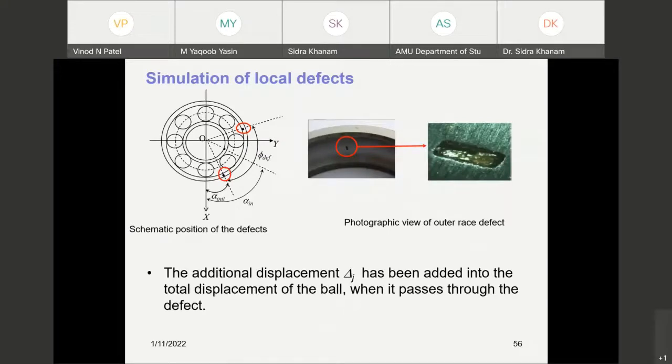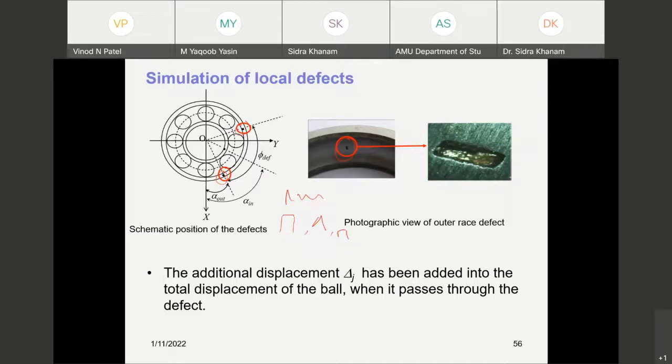Now the simulation of the local defect in the dynamic model. Suppose this kind of defect is available on the bearing. So this particular defect is on the outer race, defect 1, and this is defect 2 on the outer race. When the ball comes into contact with the defect, in the impulse case some impulses were considered, while in the case of Tandon's paper, they have considered a rectangular, triangular or semi-sinusoidal force function.